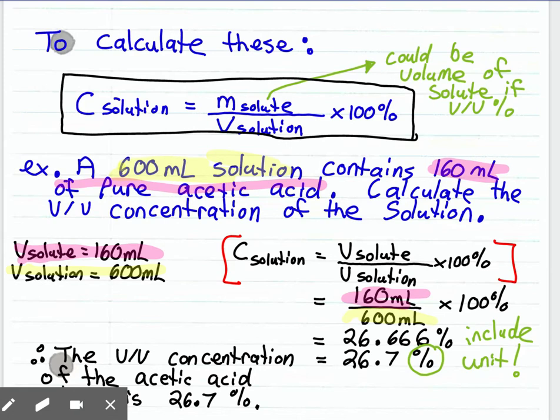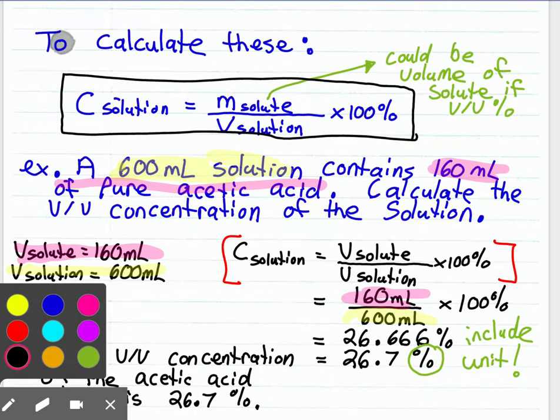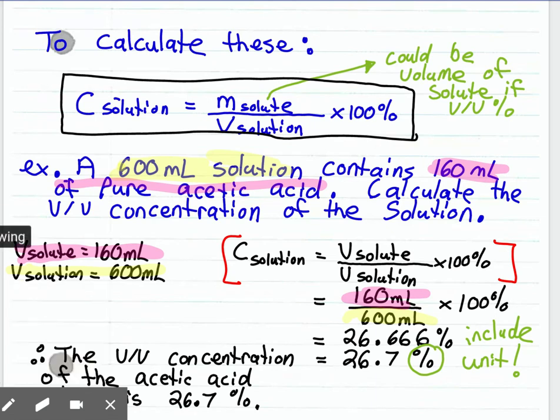You can put it in your calculator all at one time, but I'm going to suggest that you do this first in a bracket. So put in your calculator, bracket 160 divided by 600, bracket times 100. Then it's going to spit out a big number.